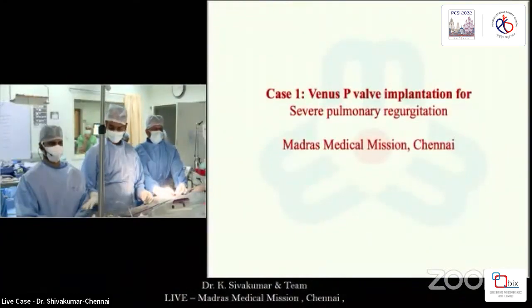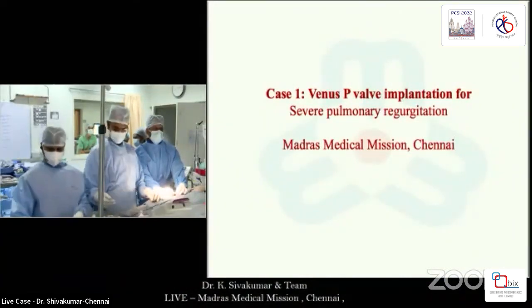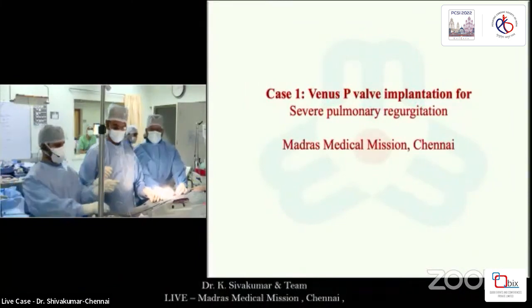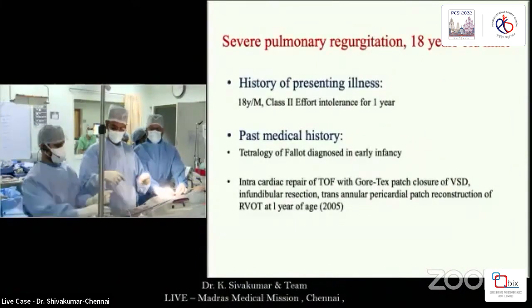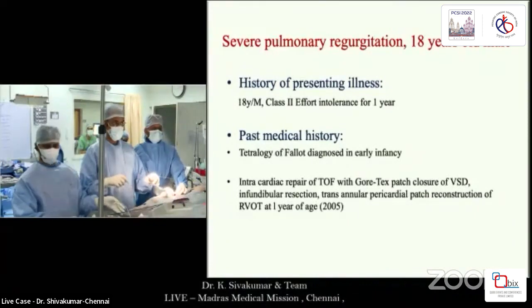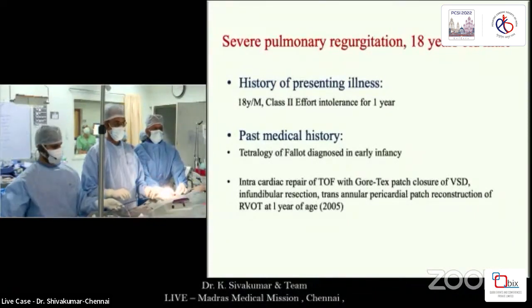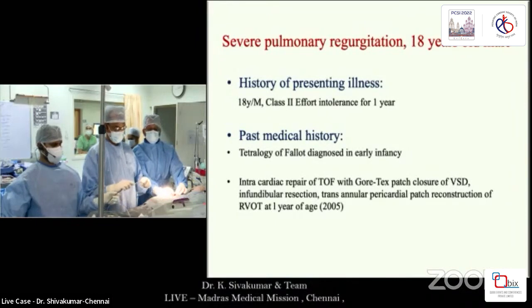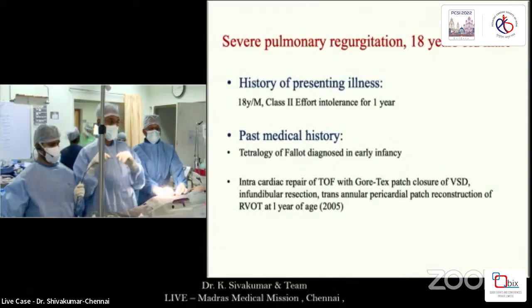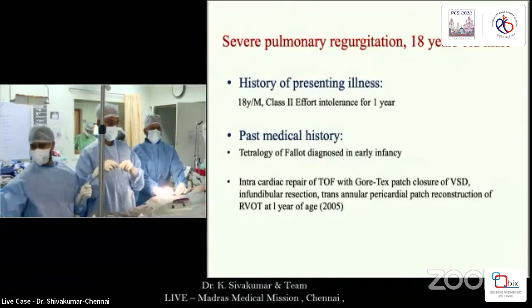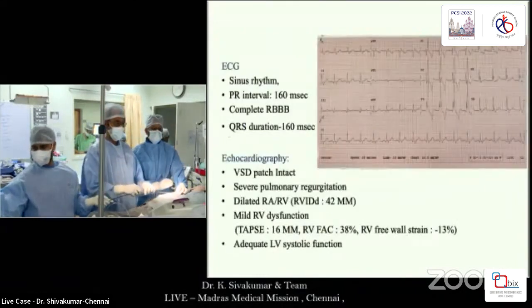Good afternoon. Our first case for pulmonary valve implantation is an 18-year-old male with complaints of class 2 effort intolerance for the past 1 year. He was diagnosed with TOF in early infancy and underwent ICR with VSD patch closure, infundibular resection, and transannular patch reconstruction of RVOT in 2005 at 1 year of age.